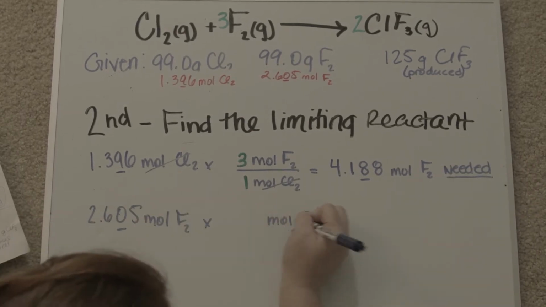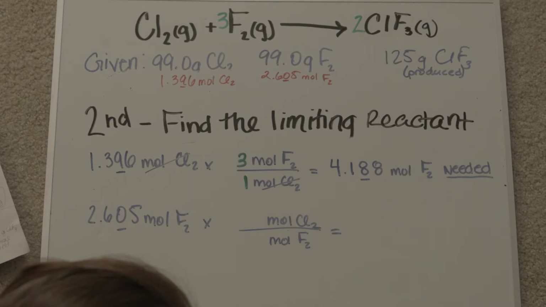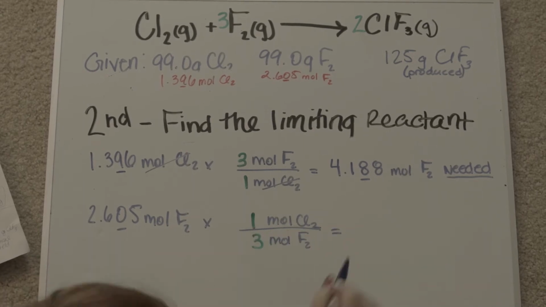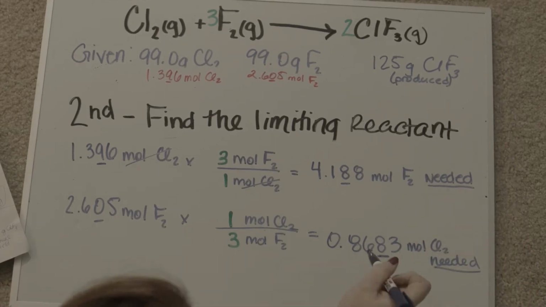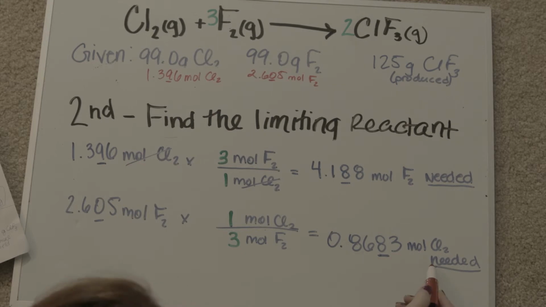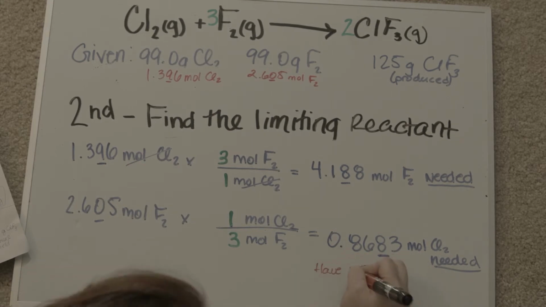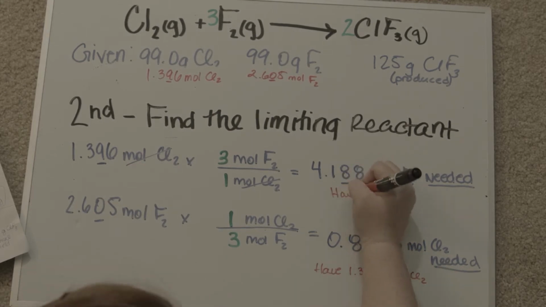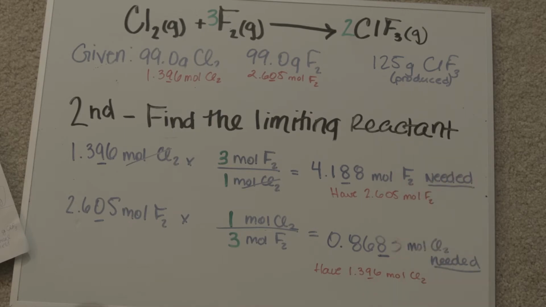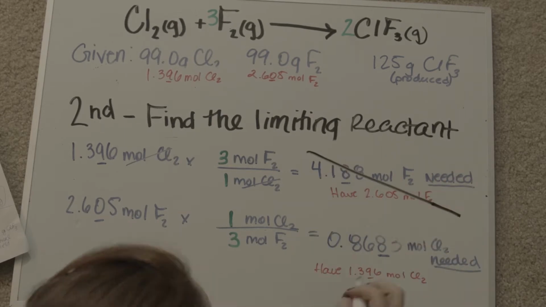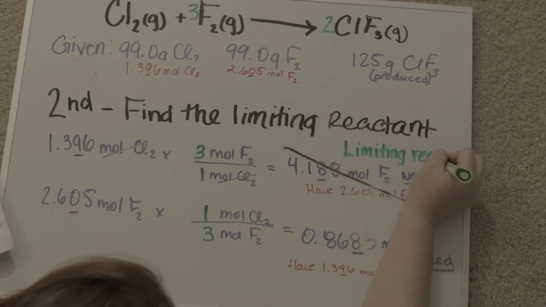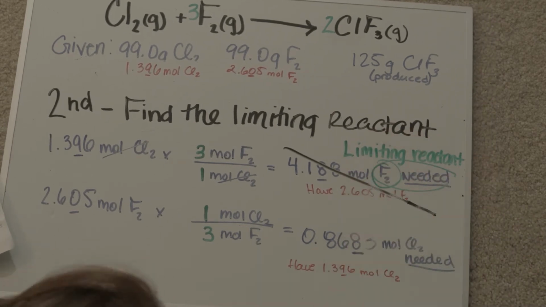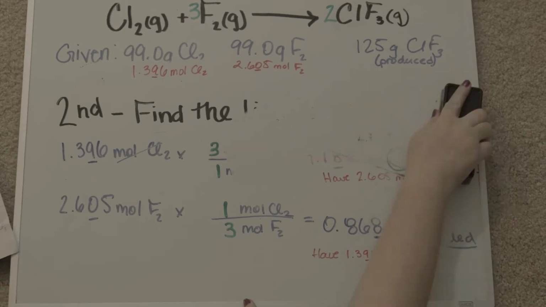Remember sig figs. So then you have 2.605 moles of fluorine times moles of chlorine over moles of fluorine, which is a 1 over 3. So that's 0.8683 moles of chlorine needed. So since you have 1.396 and you have 2.605, obviously you don't have enough fluorine, which makes fluorine your limiting reactant in this problem.